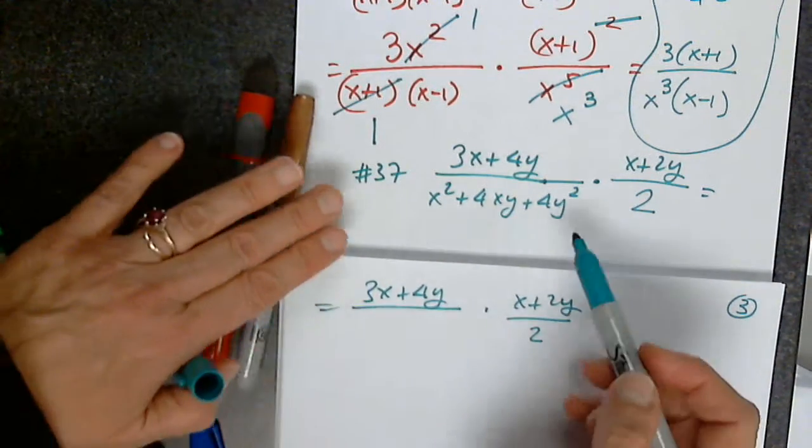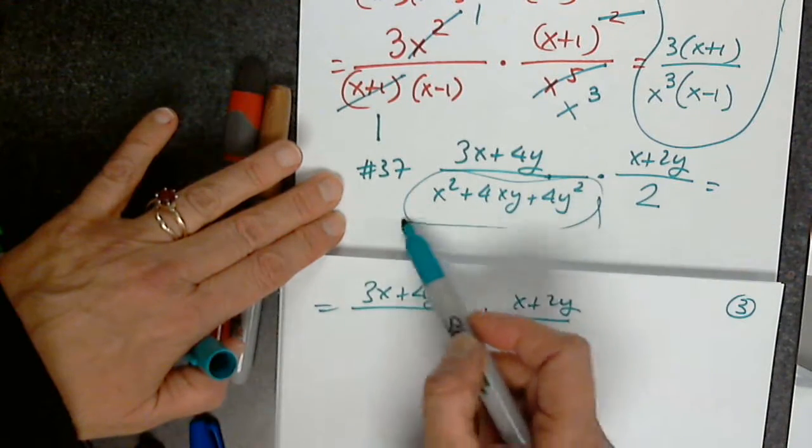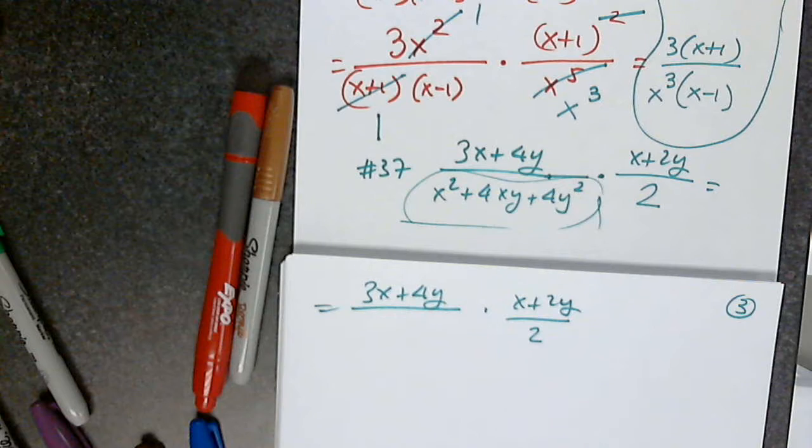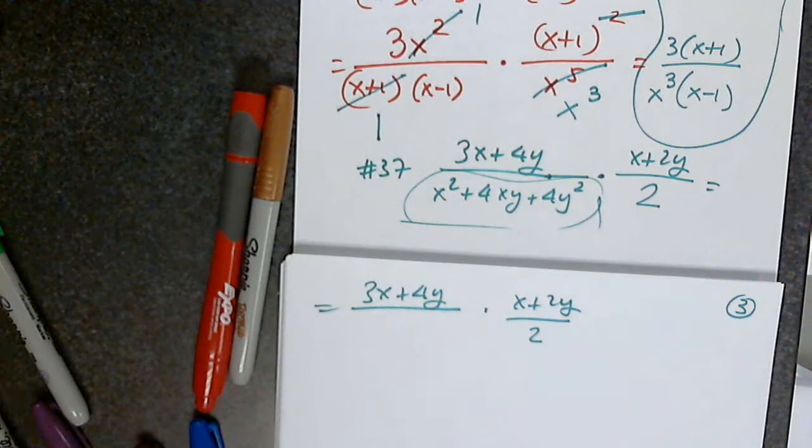Can anyone give us the factored form of this denominator? I'm going to give you only one hint. We discussed this in the first lesson we had this semester.